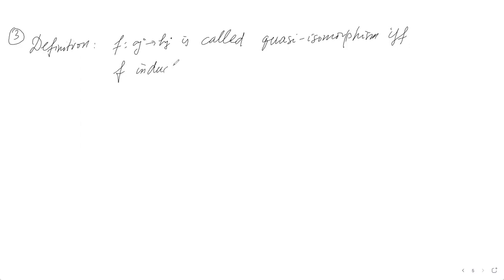Definition: a homomorphism of Lie algebras F from G to H is called a quasi-isomorphism. Quasi, I don't know how to pronounce this. Quasi, probably. Isomorphism. If F induces an isomorphism in cohomology.